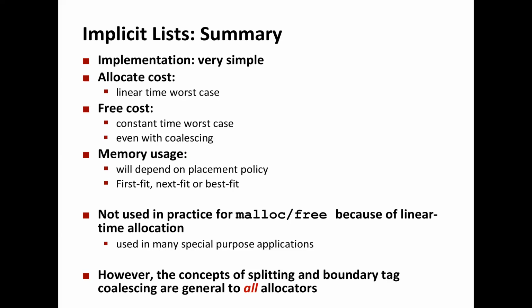The worst case scenario is that I have to go through the entire heap to find the right block. Free cost is constant time in the worst case, because the only thing I need to do is mark the block as free, and also coalesce. And coalescing is constant time because I at most need to coalesce with the previous and the next block. So the free is constant time.